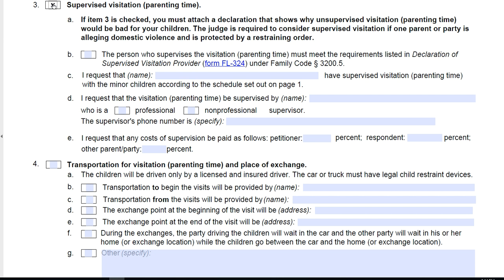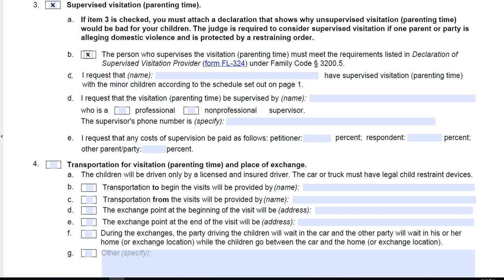Okay, if you mark this box, then you also have to mark box B and fill in a declaration explaining why the visitation needs to be supervised, how it is going to be supervised.